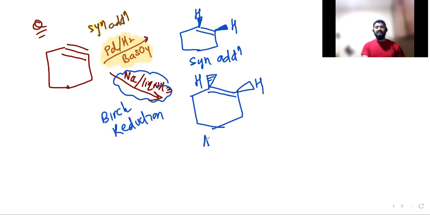So we'll get anti-addition. So this is how a question on this can be done. So this is when we have same side, like H is also on the wedge, they're both on the wedge, or they're both on the dash. Trans is when we have one on wedge, one on dash, like this. Okay, so that is how it can be understood. So I hope you got my point and this was helpful.